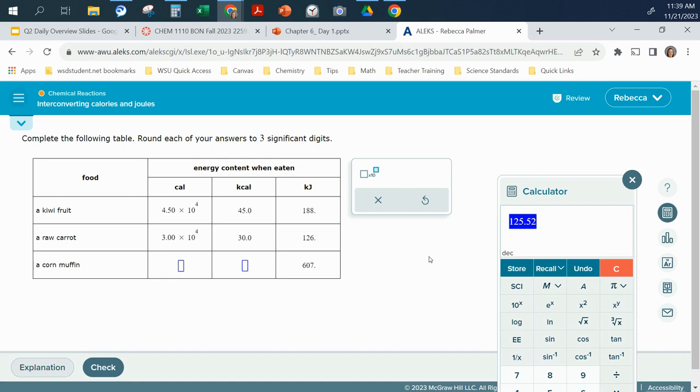That's how I know I have the unit conversion in the right spot. And then 607 divided by 4.184. Okay, was that right? That's right.